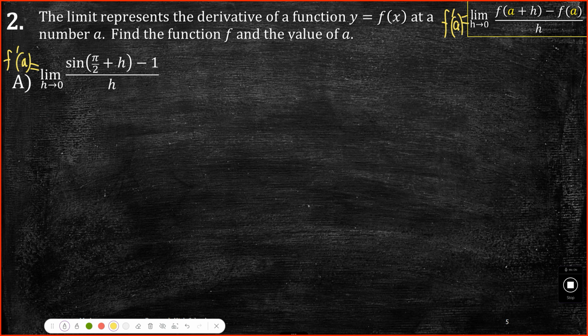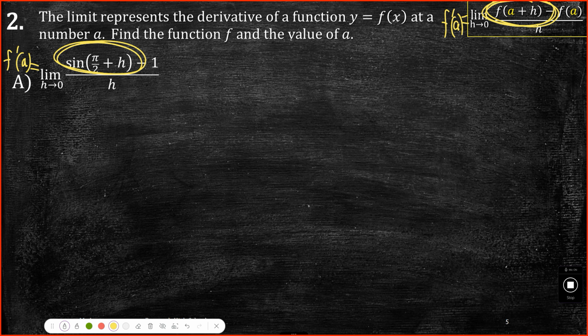And what is a? You would notice that these are the more difficult ones to figure out what it would be. So here, maybe this is the function f with an input of a. This is what we're looking at. So the function looks to be sine of x.